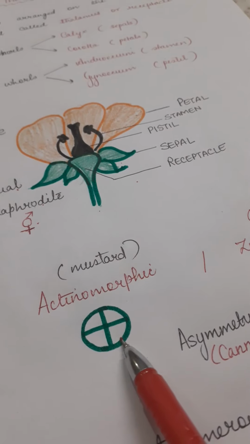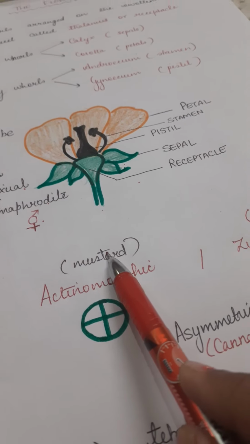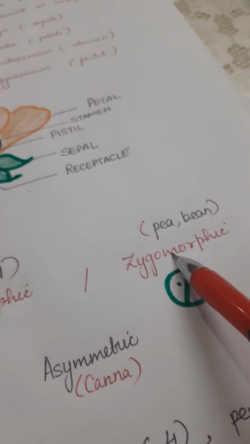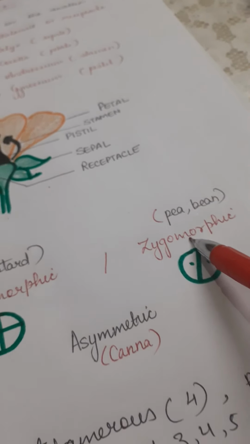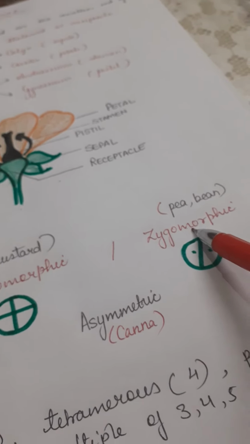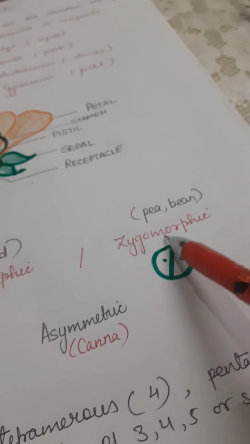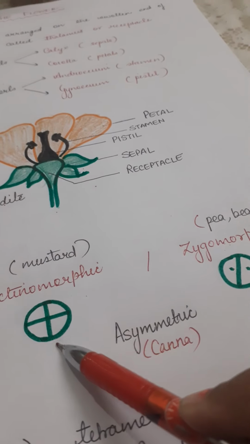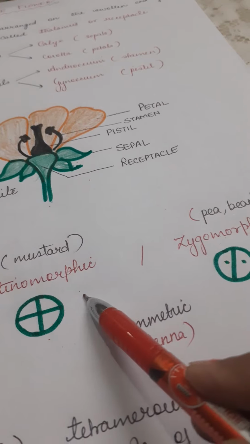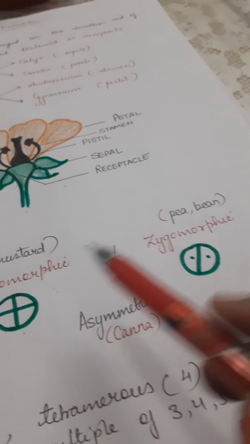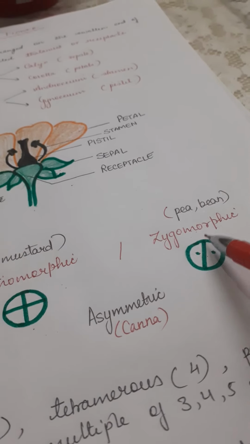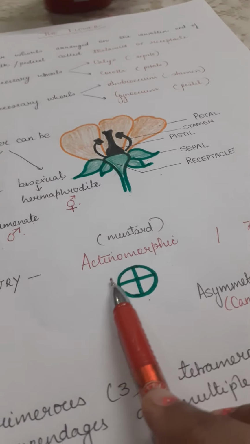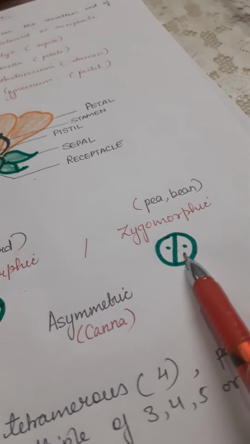That is why the symbol is given like this, and the example is mustard. Then you have zygomorphic. Zygomorphic flowers are the ones which can be cut into two equal halves through only one particular radius. Here, with more than one radius, like this also you cut, you get two equal halves. But here, only by one particular radius you will get two equal halves. So this is zygomorphic. The sign is like this and this one is written like this.